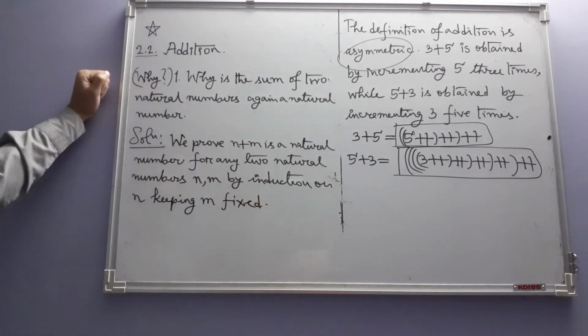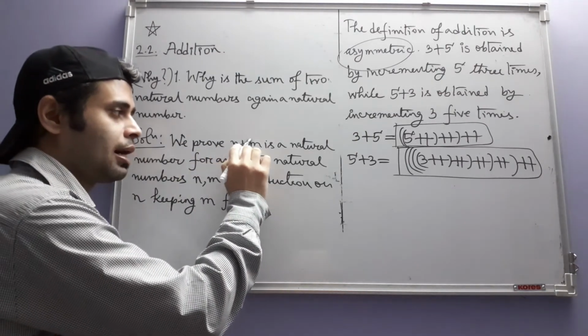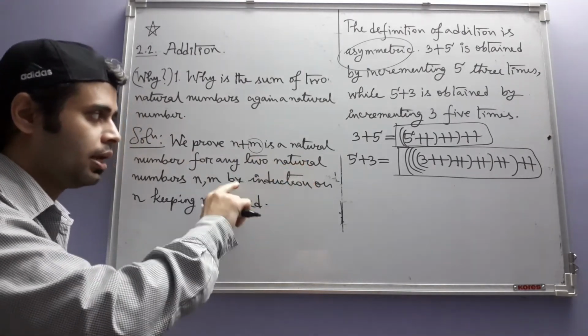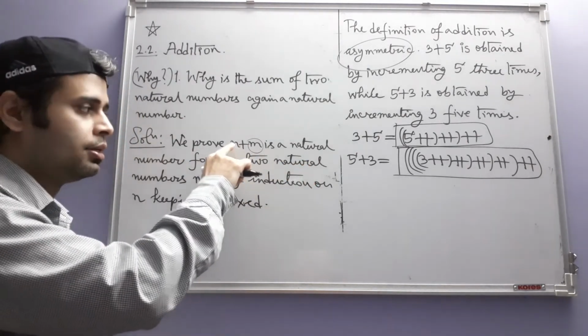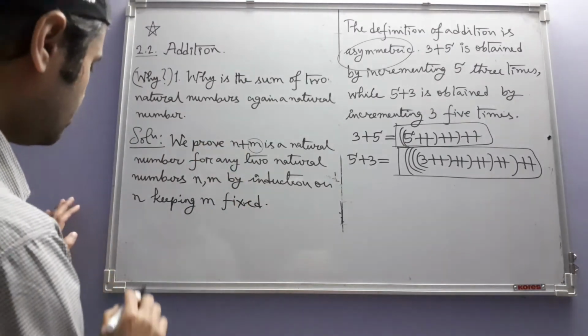So m will be any natural number, arbitrary but fixed, and we are going to prove this claim by induction on n. So the value of n we will change.